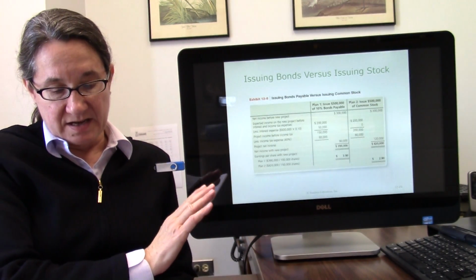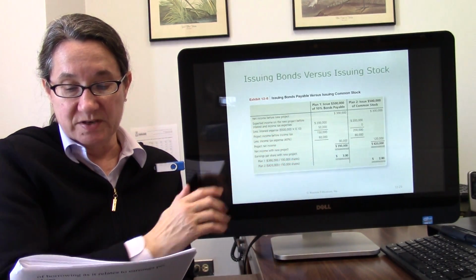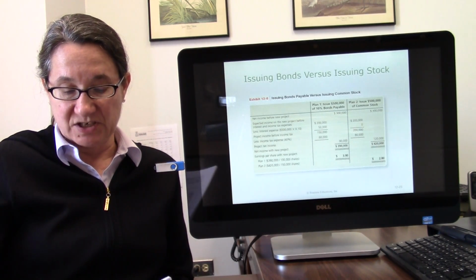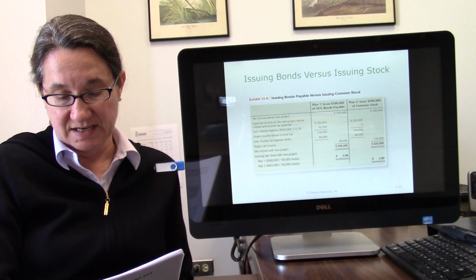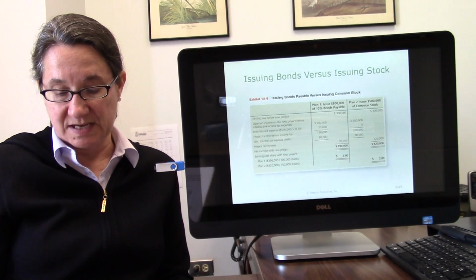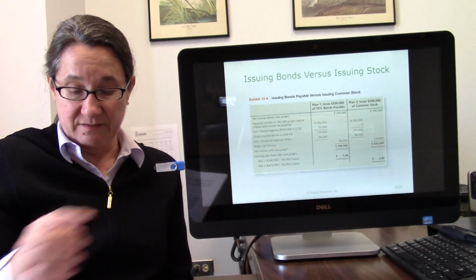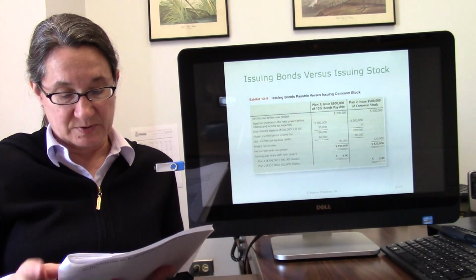So here's an idea of, should we issue bonds or should we issue stock? Smart Touch Learning's management believes the new cash can be used to increase income before interest and taxes by $200,000 each year. The company estimates income tax expense to be 40%. Exhibit 12-6 on page 605 shows the advantage of borrowing as it relates to earnings per share.